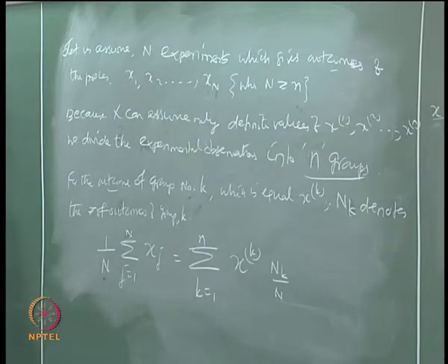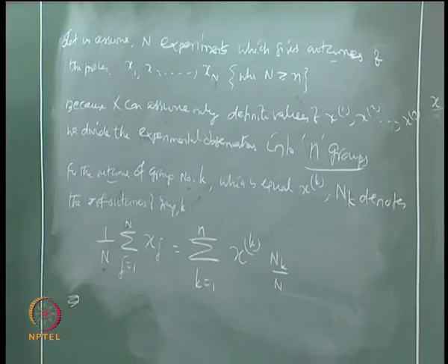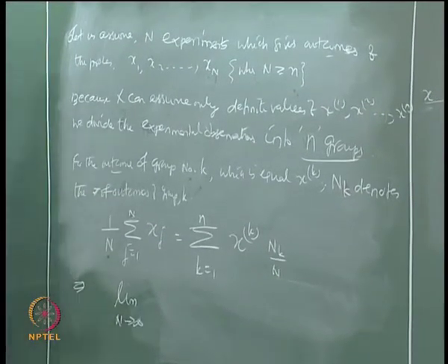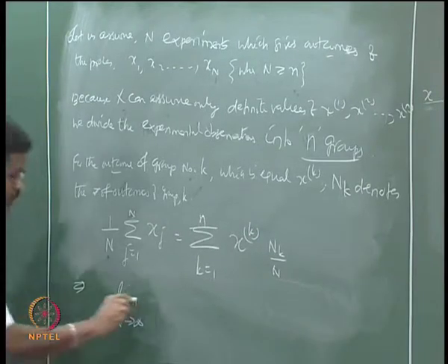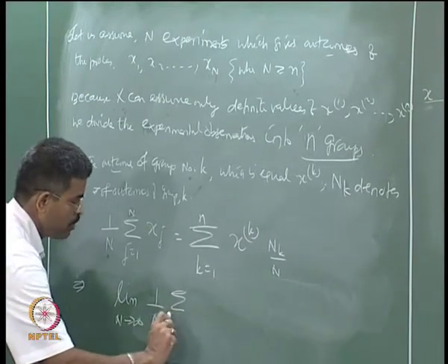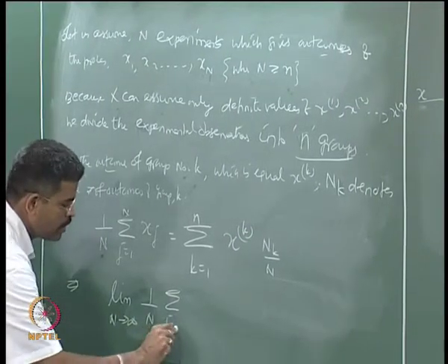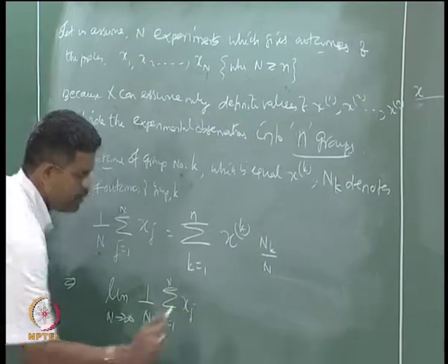Okay. These are the number of groups we have, which will give me the limit n tends to infinity of 1 by n of summation of j equals 1 to n of xj.